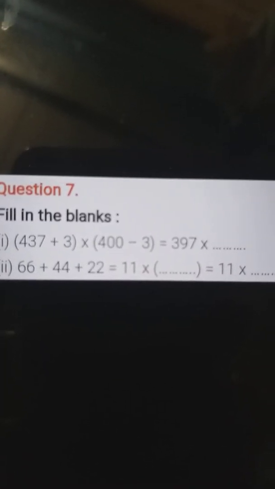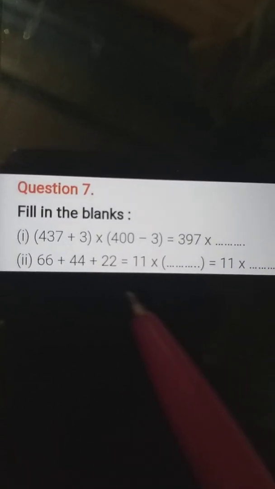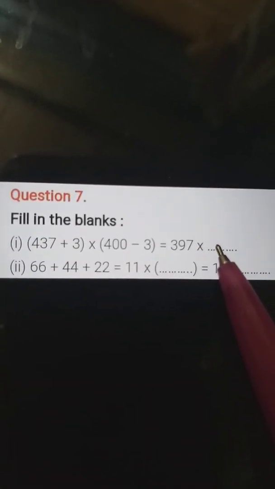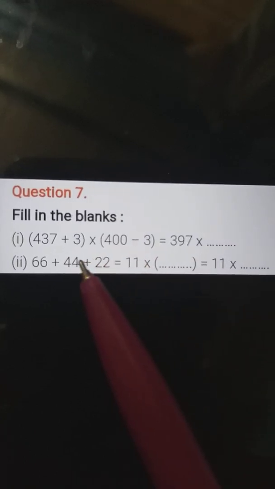The next is question number 7, filling the blanks. Here we have to evaluate using the distributive method already given.